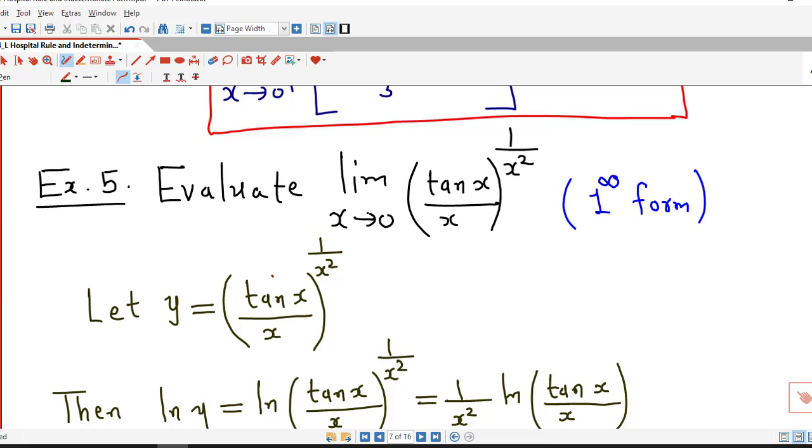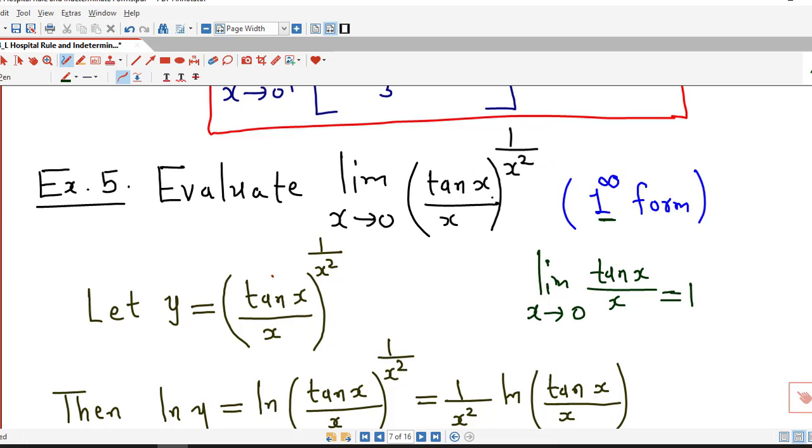And last example, the limit of (tan x / x) to the power 1/x² as x approaches 0. So here if we consider f(x) equal to tan x / x, then the limit of tan x / x as x approaches 0 is always 1. So we have 1 here, and this is going to be 1 over 0 which is infinity.